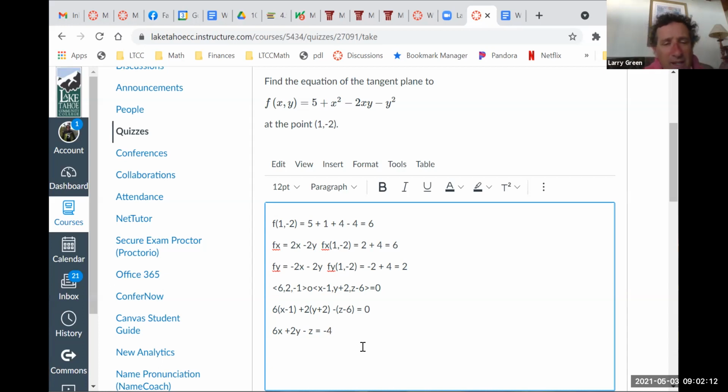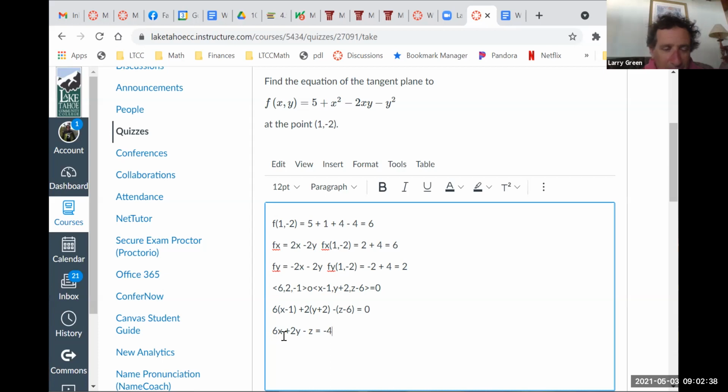Okay. By the way, how do you check your work if you got some extra time? Any suggestions on checking work? Not hearing you all jump in. Yeah, evaluate it at 1, negative 2, 6.